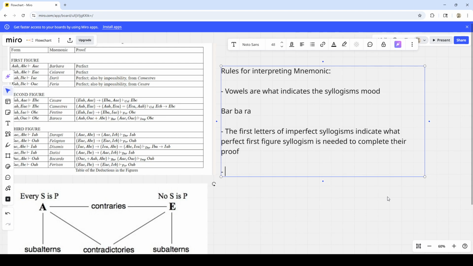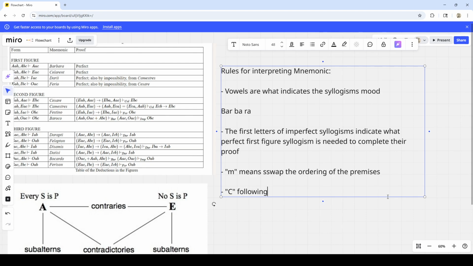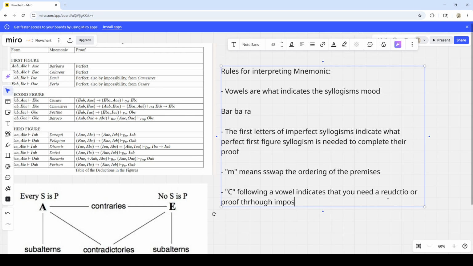Now, this is where we get into the proofs, really. An M means swap the ordering of the premises. A C following a vowel indicates that you need a reductio ad absurdum, or reductio, a proof through impossibility, for that syllogism.